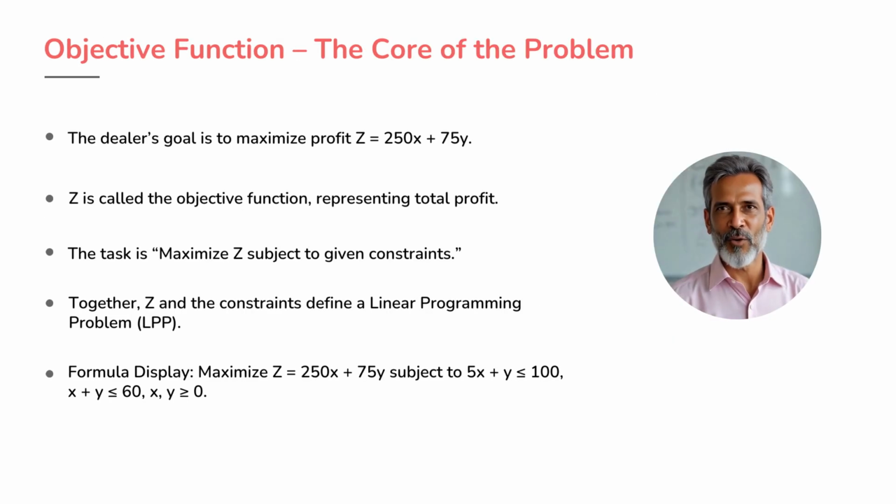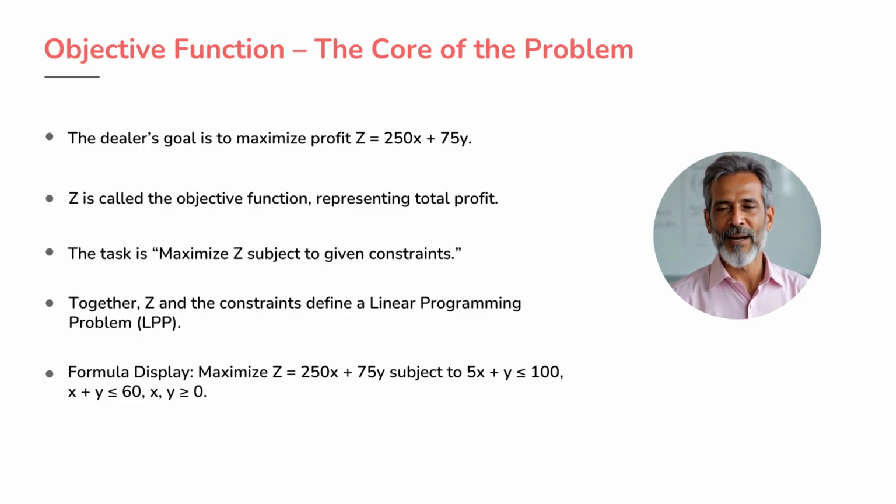Now comes the main goal, profit. We define a profit function, or what we call the objective function. Z equals 250x plus 75y. This function tells us how much profit Z he earns based on how many tables and chairs he buys.